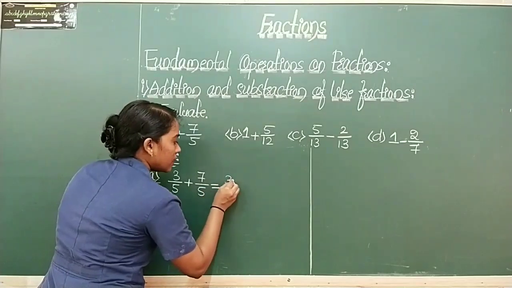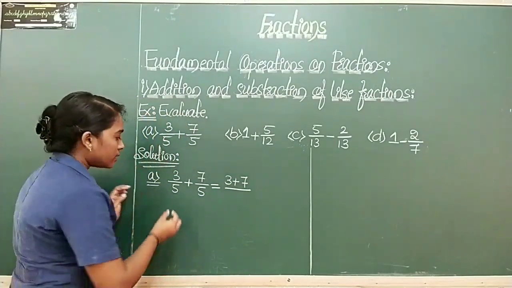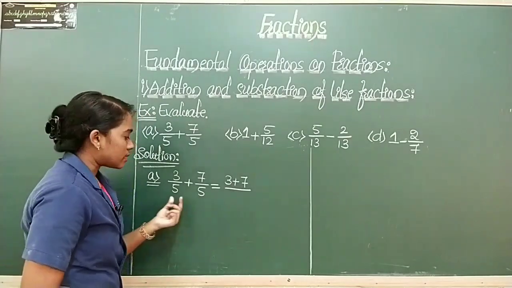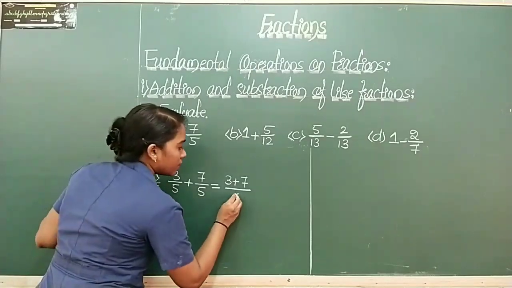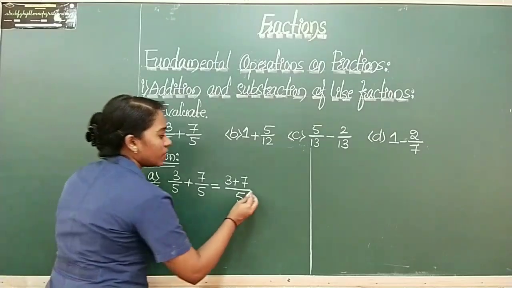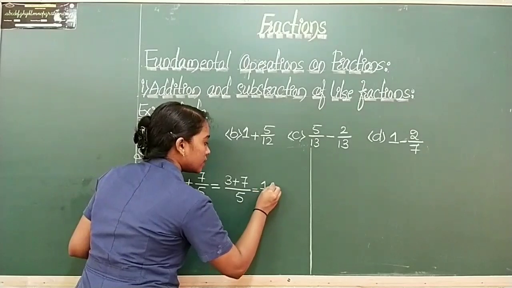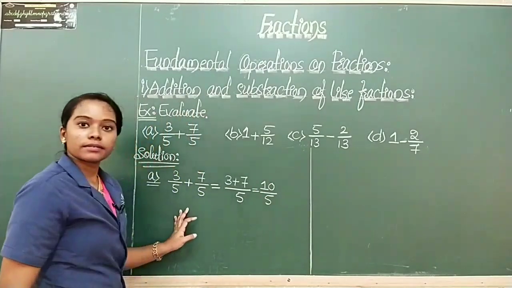See here, 3 plus 7 divided by, and the denominator you have to write as it is. Here we have denominator 5, write it as it is. Now simplify it. 3 plus 7, we get 10 by 5 as it is.